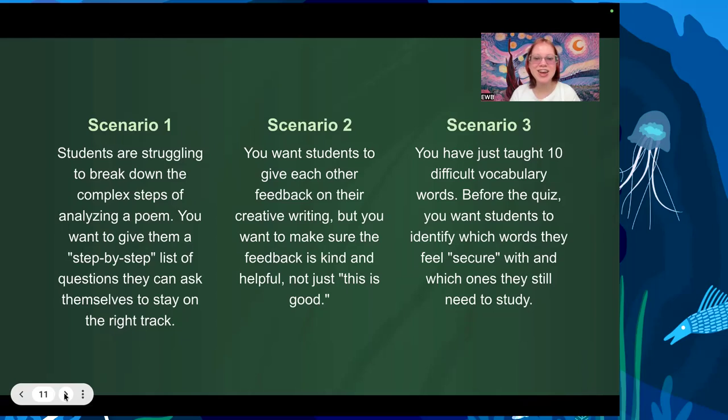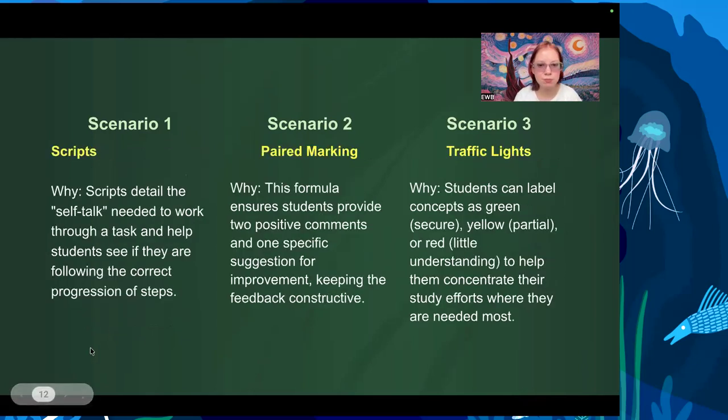Thank you very much. So, what you said can work, of course, in specific classroom scenarios, in your classroom scenarios. Different teachers prefer different strategies. Here, I have prepared the list of, let's say, universal practices that would work in these scenarios, but other practices could work as well. So for the first scenario, we would go for scripts. Why?